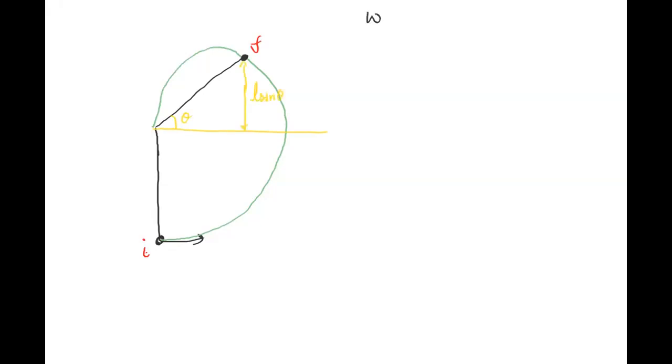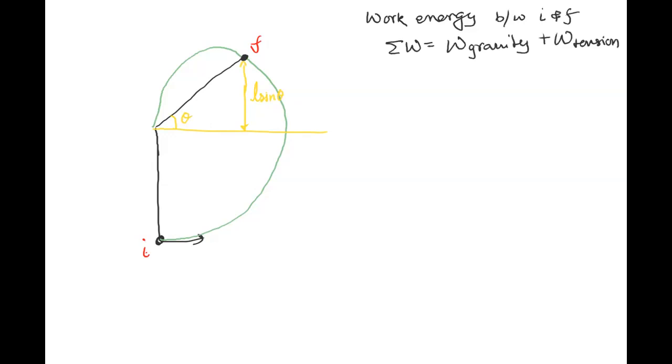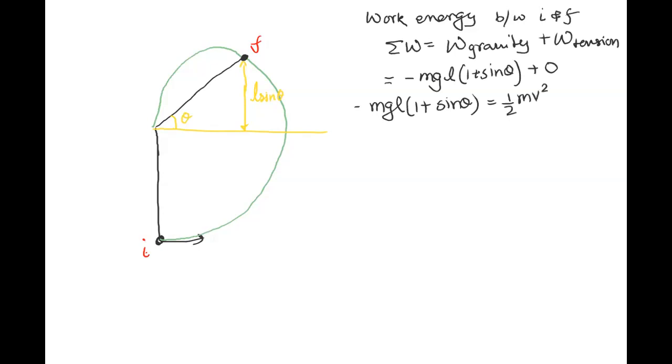so first I apply the work energy theorem between the points I and F. Summation of work plus work done by tension minus mgl(1 plus sin theta) is equal to half mv square minus half mv naught square.